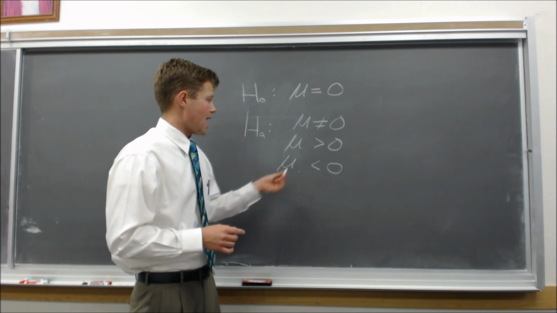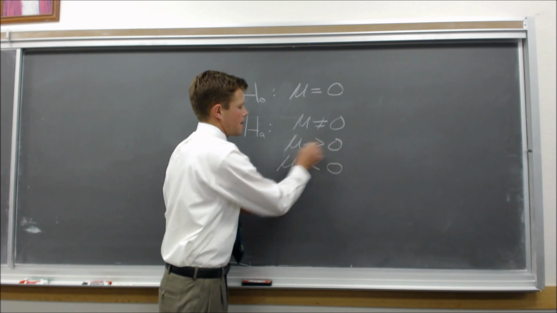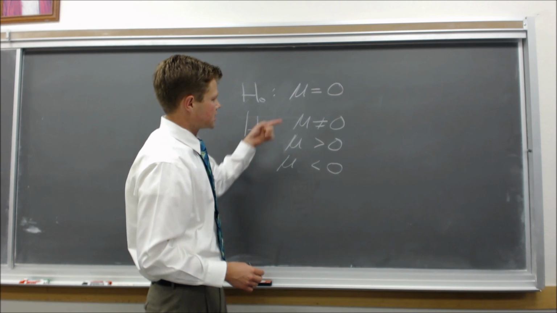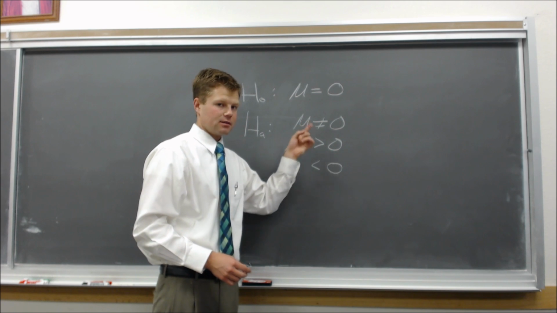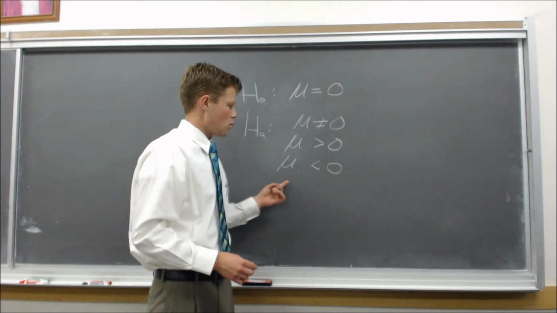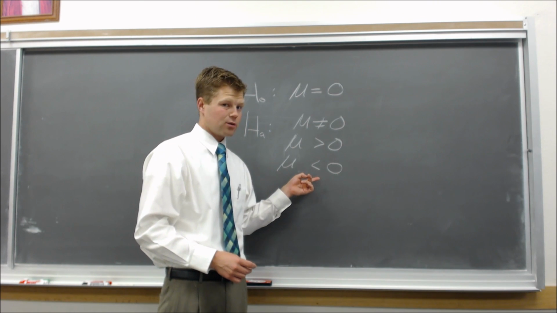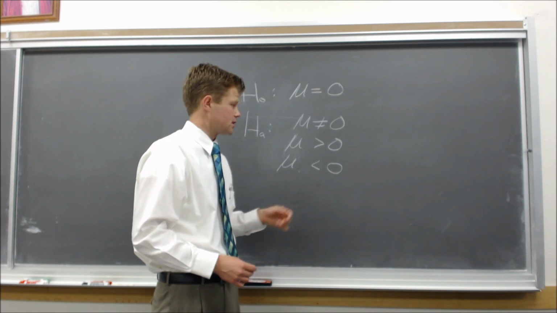But if you think it is actually hotter than 0 degrees, then you would choose an alternative hypothesis of greater than 0, in which case your statistics at the end will tell you if the temperature is above 0. And then if you think that it might be less than 0, even colder than 0, then you could choose this one-sided alternative hypothesis.